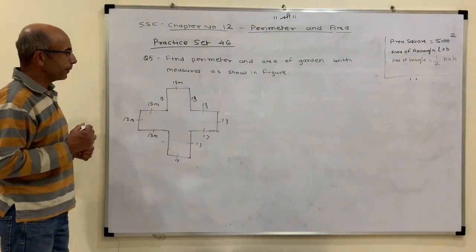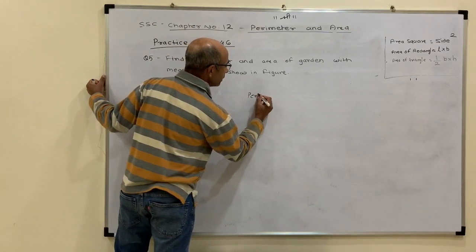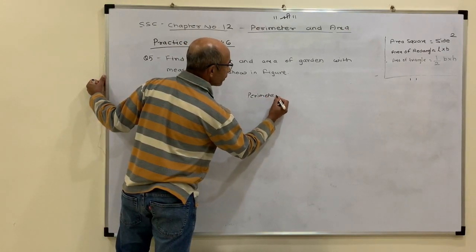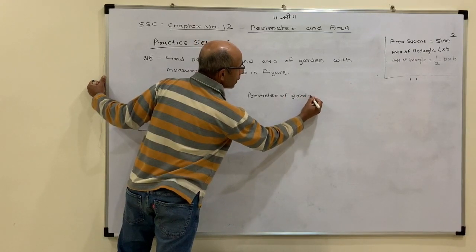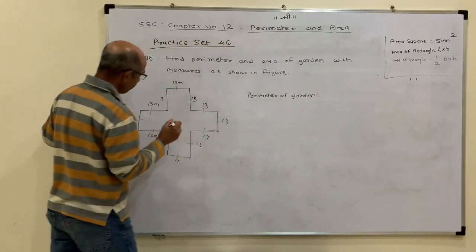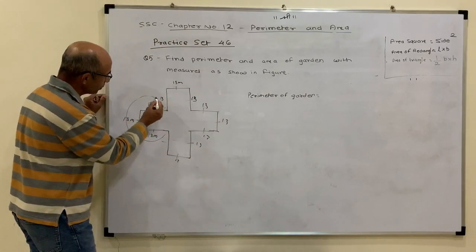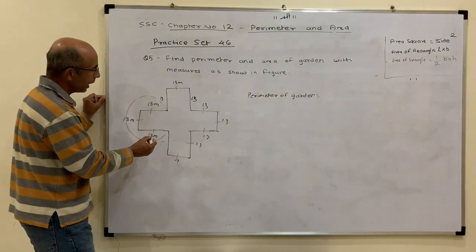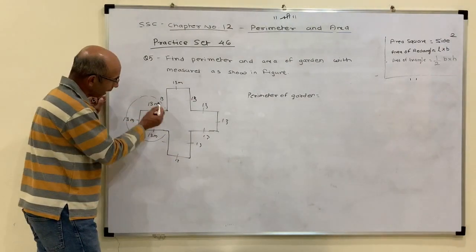So let's first find the perimeter of the garden. If we find the perimeter of this part, it comes out to be 13 threes, and then how many such parts are there? There are 4 parts like this.